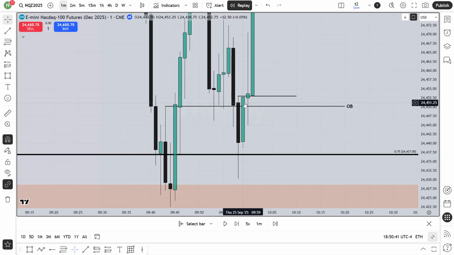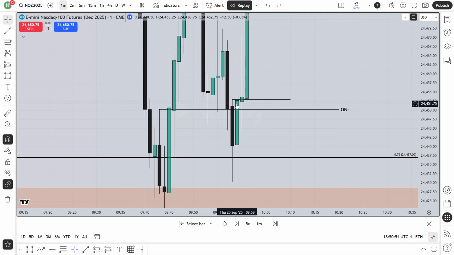Remember, until the body closes above this line, it isn't valid. Here, fortunately, the very first bullish candle has closed above the consecutive candle, so it has been validated as an order block. But look, the very next candle didn't close above the consecutive candle, but this candle has closed above this candle, so it's now my order block. Here I have used the consecutive candle.